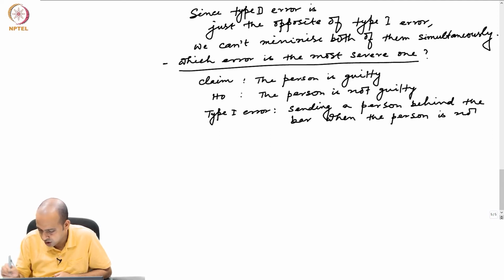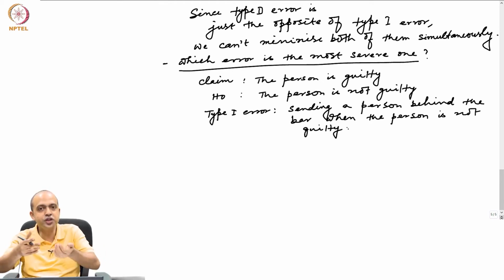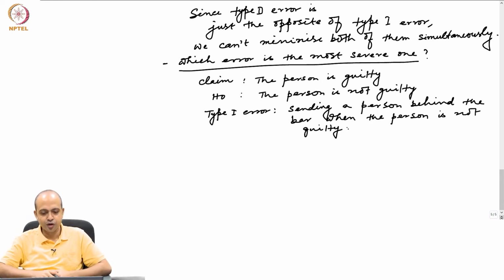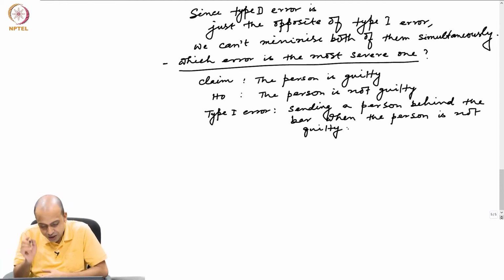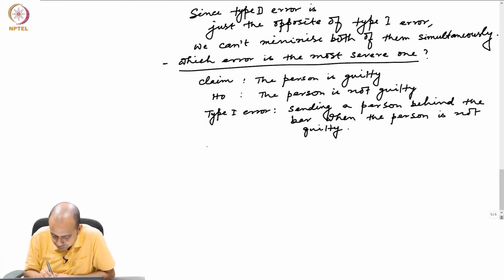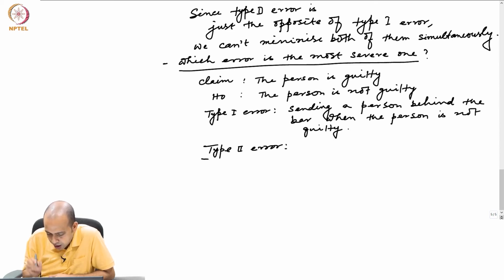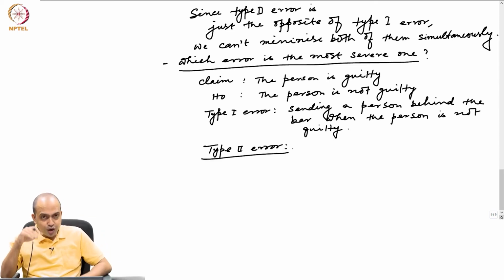Okay? So, that means type 1 error is sending an innocent person behind the bar when the person is not guilty.